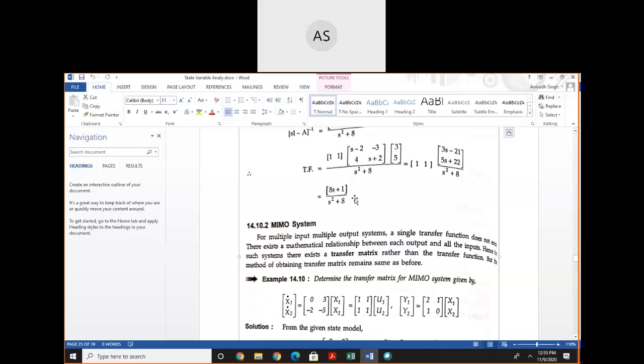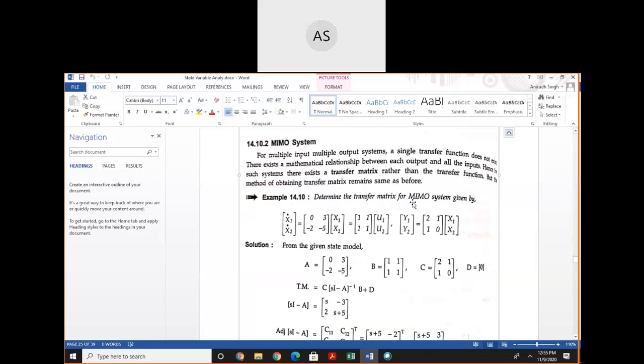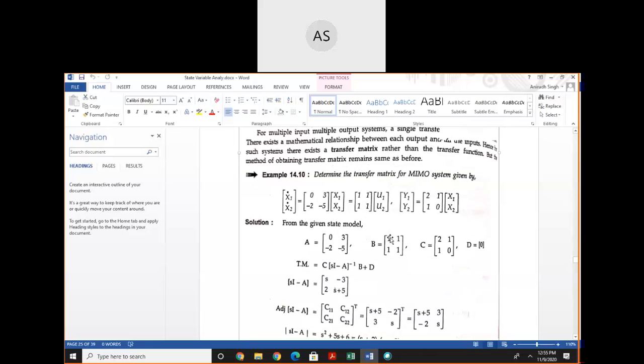Hence, for such a system, there exists a transfer matrix rather than a transfer function, but the method of obtaining it remains the same as in the previous case. Determine the transfer matrix for the multiple input and multiple output system given by this equation.